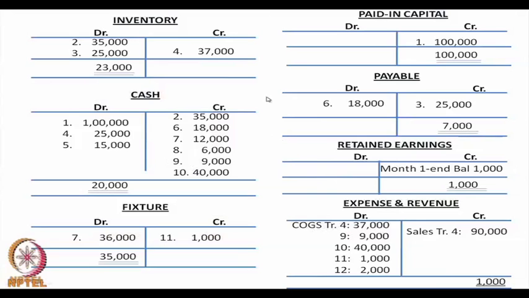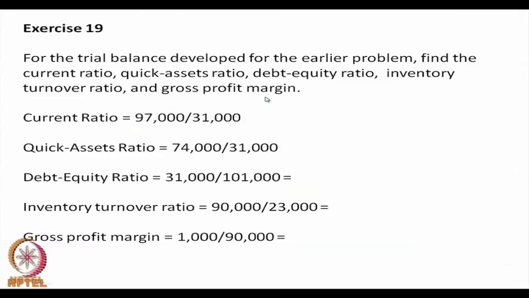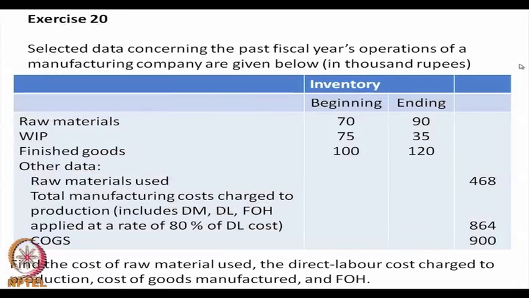Now, let us consider some more exercises. This is an exercise on job costing. The question is something like this: the selected data concerning the past fiscal year's operations of a manufacturing company are given below in 1000 rupees.